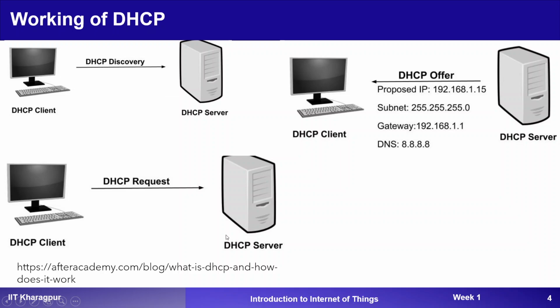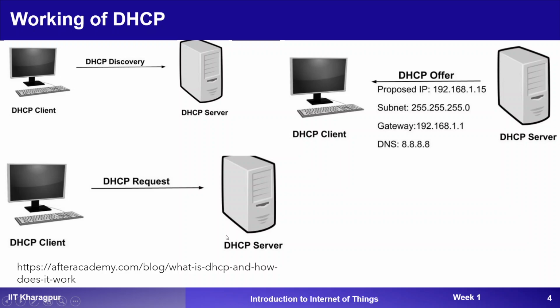And after that, this DHCP server replies back to the DHCP client with the acknowledgement message. In this way, this DHCP client will get the IP which is proposed by that particular DHCP server.